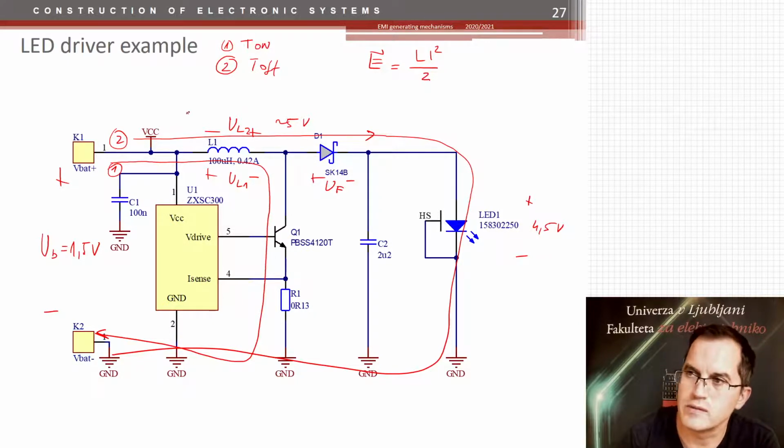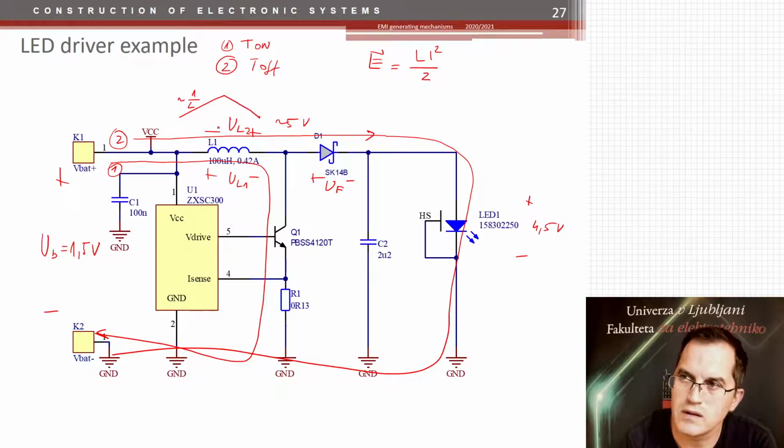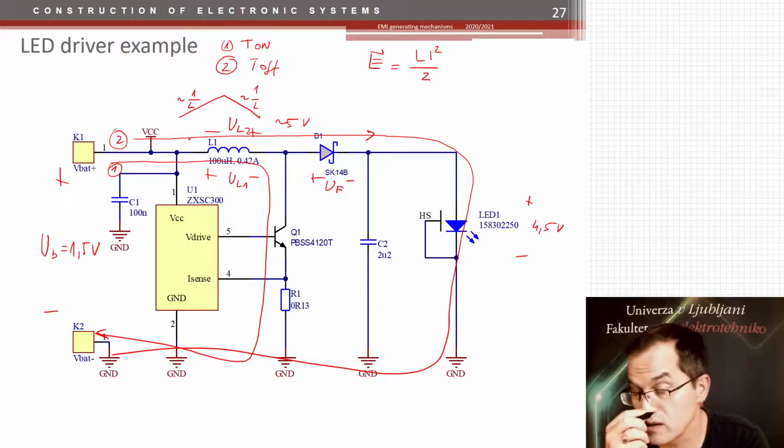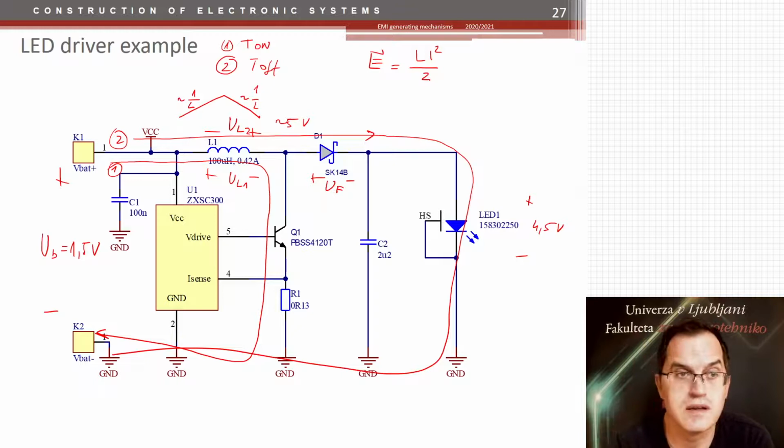When the transistor is turned on, the current will rise, and the slope of the rise will be proportional to 1 over L. And when the transistor is turned off, it will drop, with a similar slope, not the same. So the current through the coil is continuous.